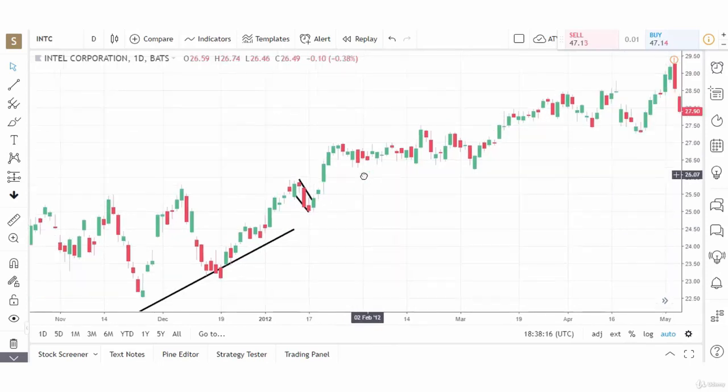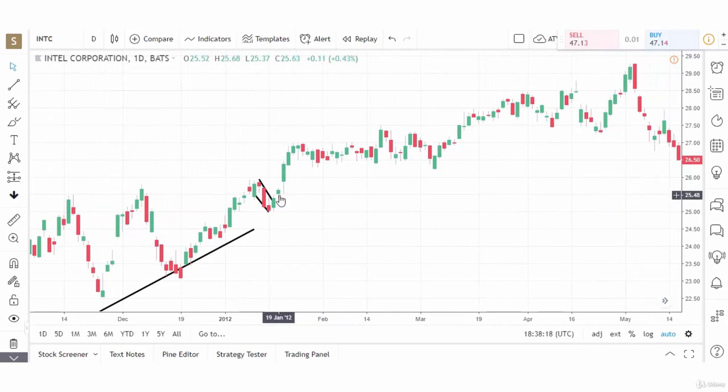The stock continued to move up from here, which is around the 25.5 level, up to around the 29.25 level before turning down. So this was a continuation flag in a bull trend in Intel, and gave us a buying opportunity when the stock pulled back.